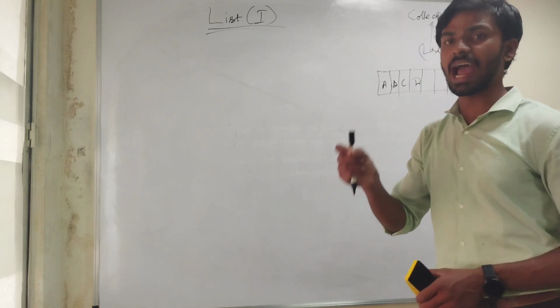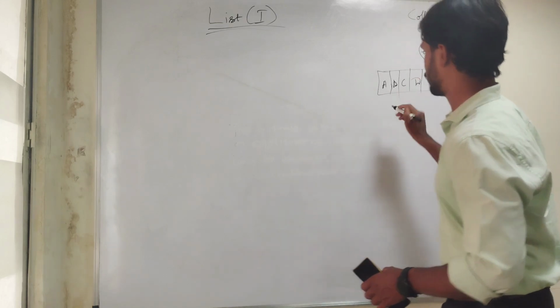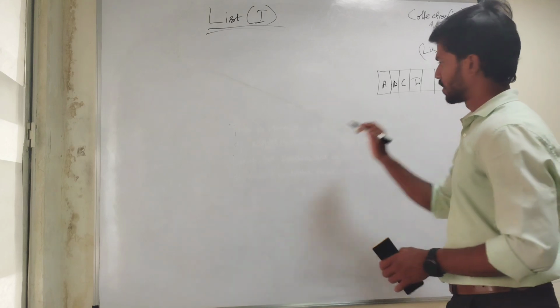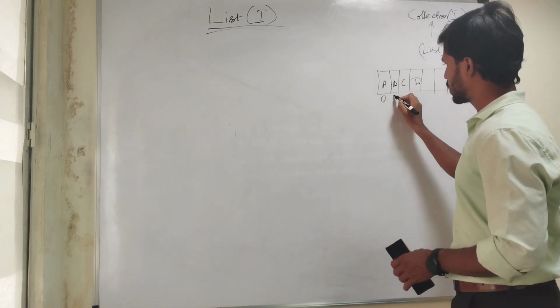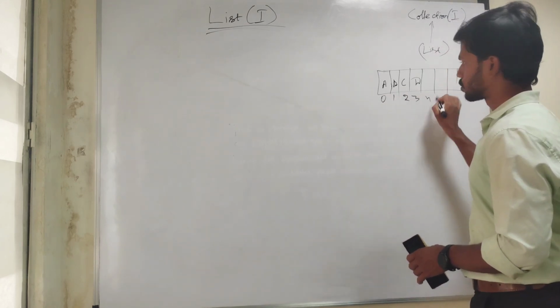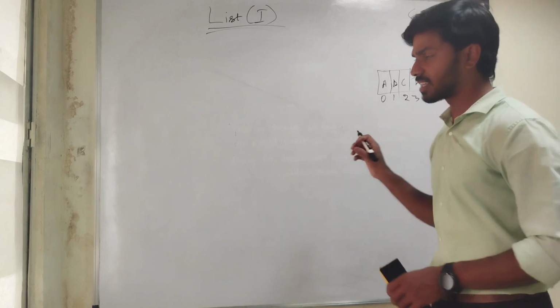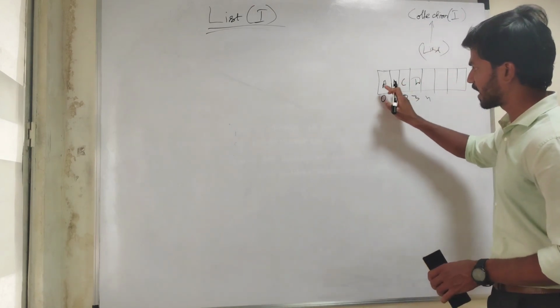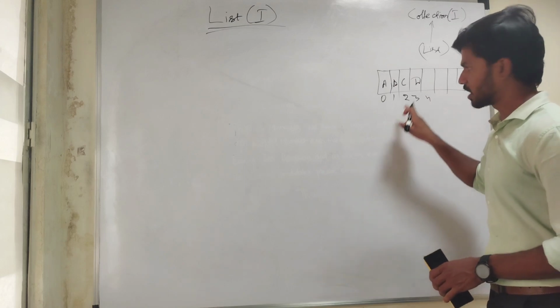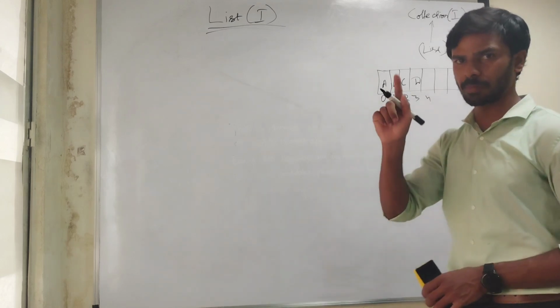Suppose I want to add a particular object in between this data. Here the index starts from 0, then 1, 2, 3, and so on. I want to add the data after index number 0, that is, at index number 1.